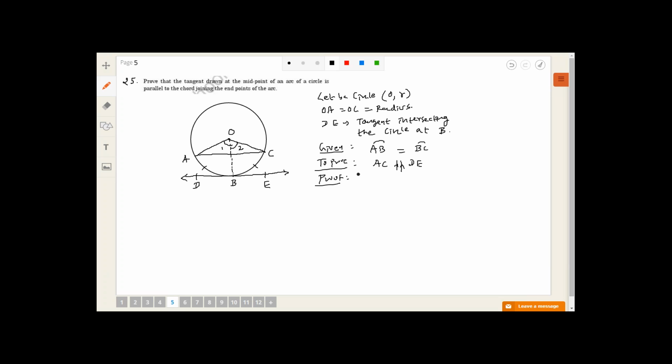Proof. Since it is given B is the midpoint of the arc of a circle, we have arc AB equal to arc BC.